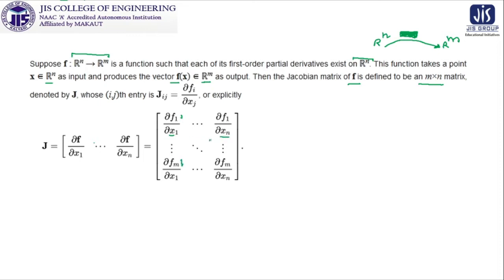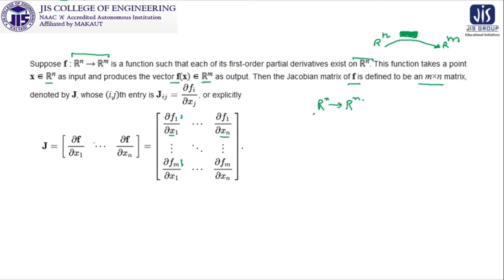In the next row it will be del F2 del x1, del F2 del x2, up to del F2 del xn, and in the final row, del Fm del x1 to del Fm del xn.